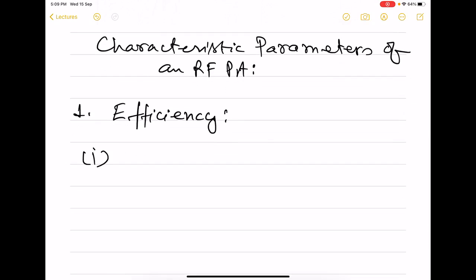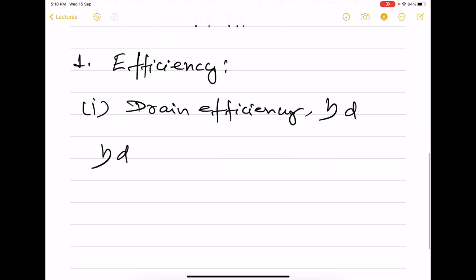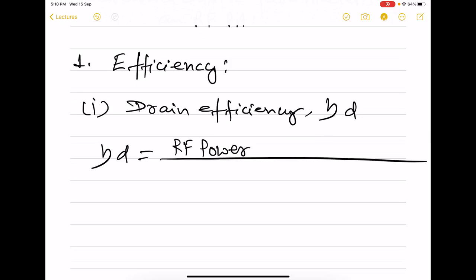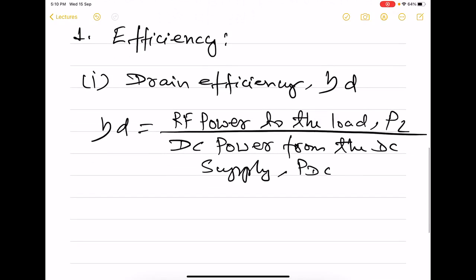First is drain efficiency, designated as eta D, and this eta D is equal to RF power to the load divided by DC power from the DC supply. So this is one way in which efficiency is defined.